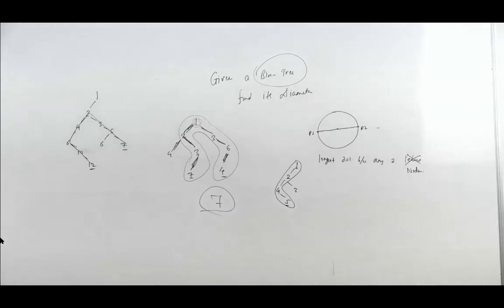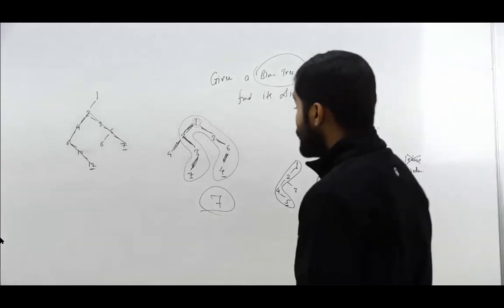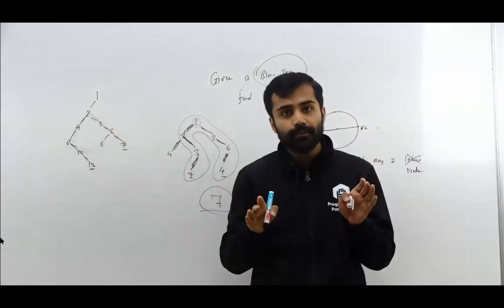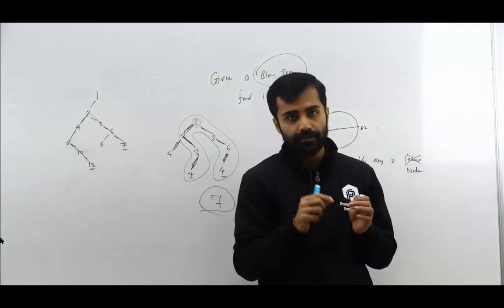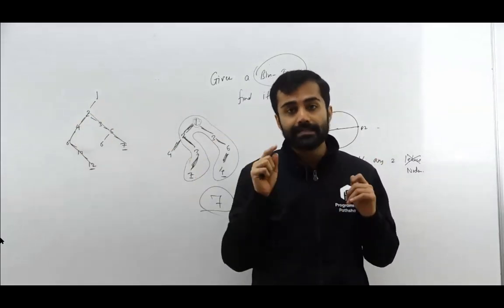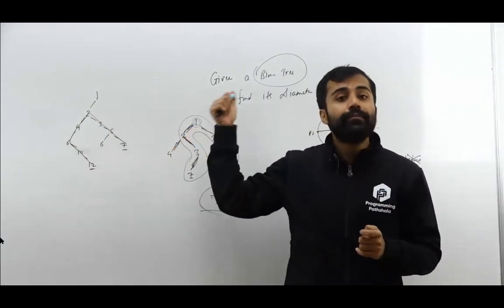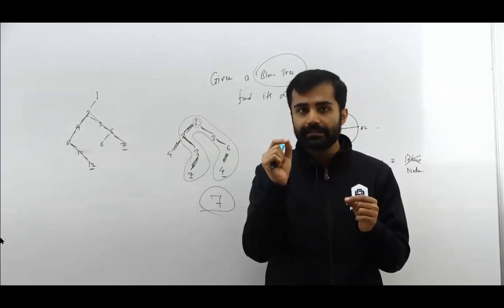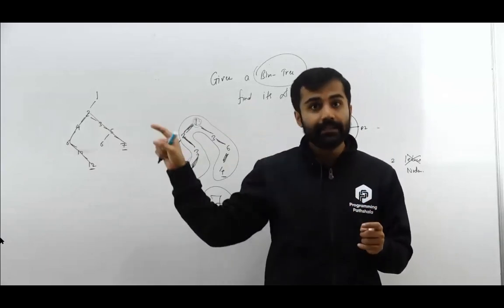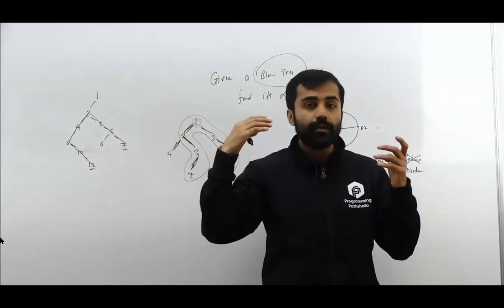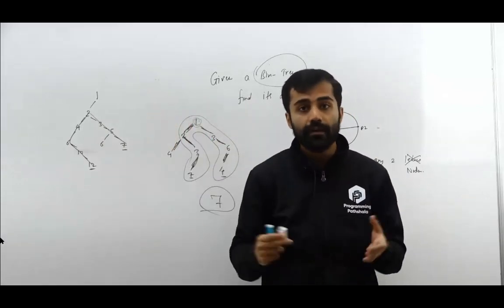But I told you that you don't know which nodes your diameter will be passing through. Listen to it, it is a very important point. In case of height, you knew that it will always pass through the root. But in case of diameter, it is not necessary that it will pass through the root. It can pass through any other combination of nodes.